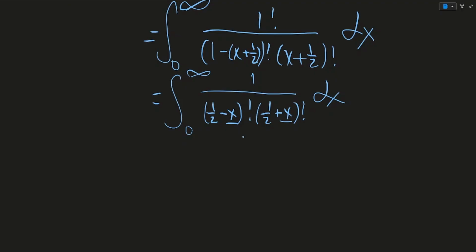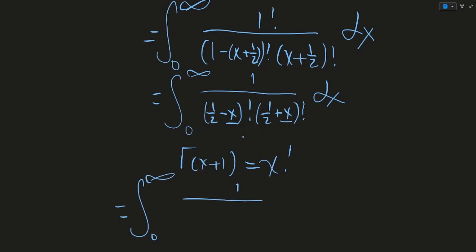So we know that gamma of x plus 1 is the same as saying x factorial. That leaves us with the integral from 0 to infinity of 1 over gamma of (1/2 minus x plus 1) times gamma of (1/2 plus x plus 1) with respect to x.